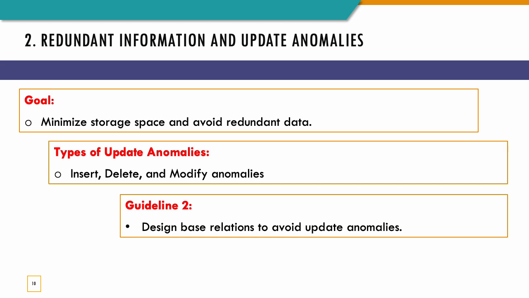There are three types of update anomalies. The first one is insert anomaly. We will discuss them one by one.